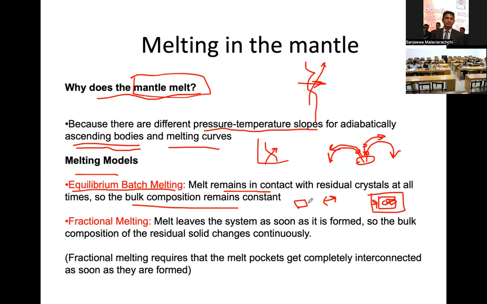After melting you have the composition changed as solid and melt, but the system as a whole remains constant. So therefore there will be no change of the bulk chemistry of the system, as long as this system is considered, right?